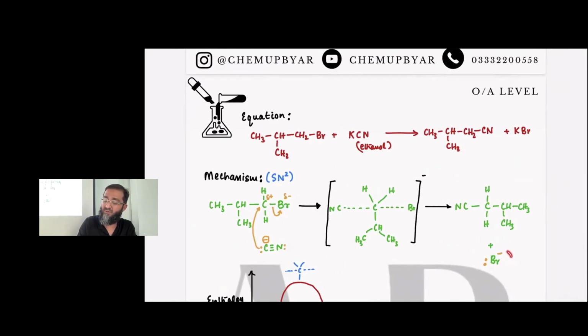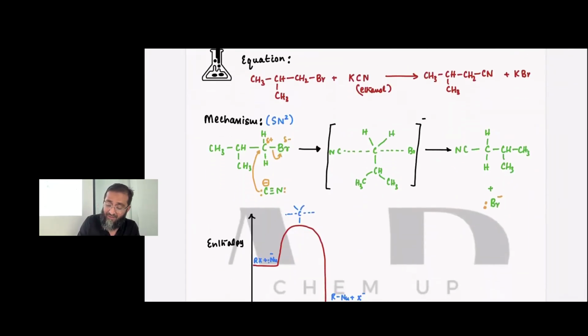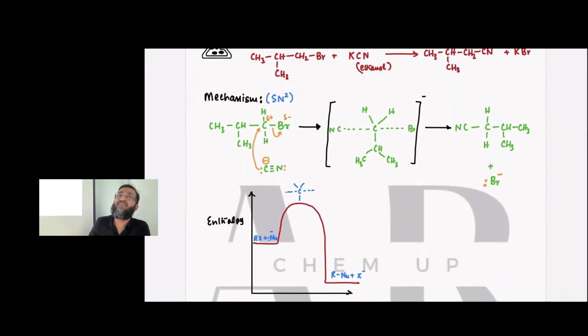And as a result, the bromide gets away and we get CN bonded to it. This is the energetics of this reaction, which is asked in MCQs. You need to know that the energetics shows only one step, and at the highest peak you get the transition state.